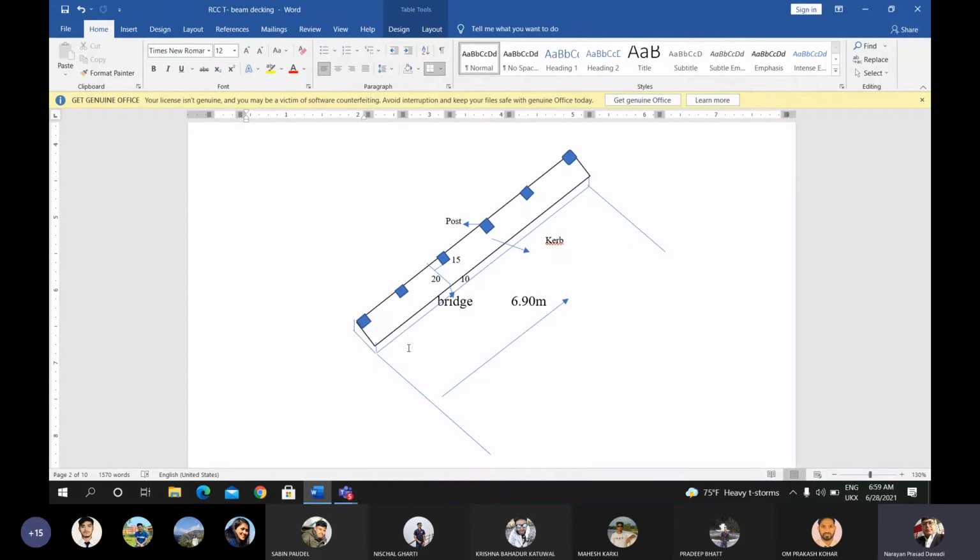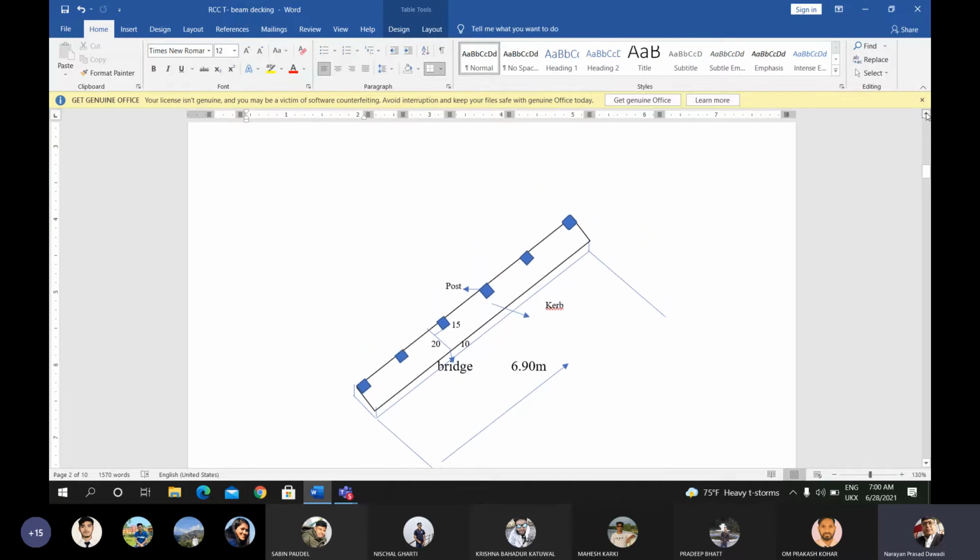Okay, 6.9, 0.35, 0.10 will be the plastering for the curve top and the inner side. Okay, we can calculate in this way.